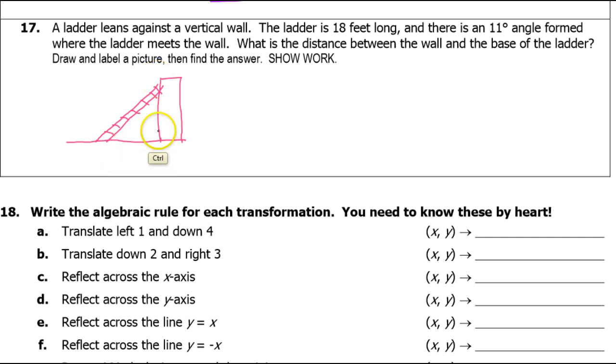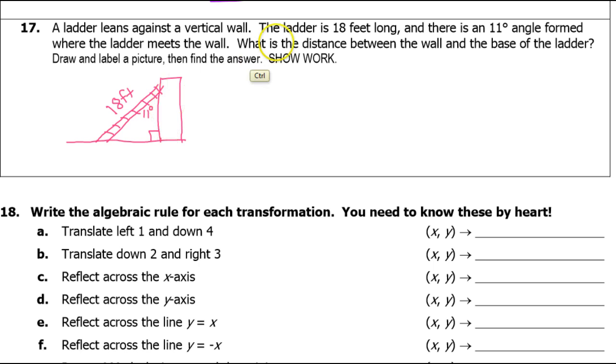Of course this is a right angle. The ladder is 18 feet long, so this is 18 feet. There's an 11-degree angle formed where the ladder meets the wall, so this is 11 degrees right there.